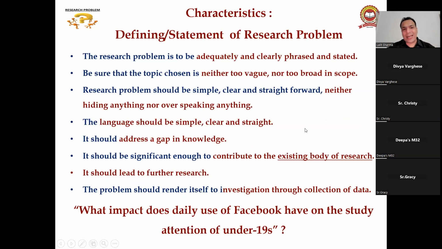Now we talk about the characteristics of defining a statement of a research problem. Whenever you have to define the research problem, what are the characteristics? Number one, the research problem is to be adequately and clearly phrased and stated, as you have seen in the example in the last slide. Next, be sure that the topic chosen is neither too vague nor too broad in scope, because you have to finish within a timeline.